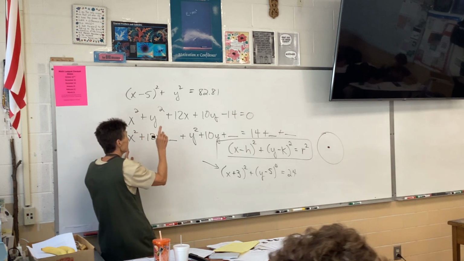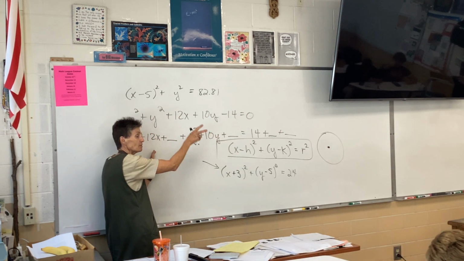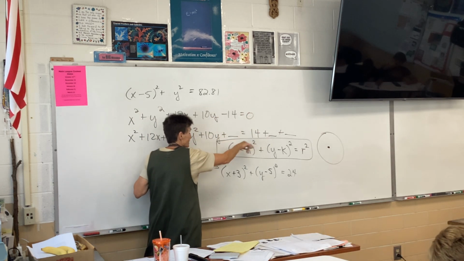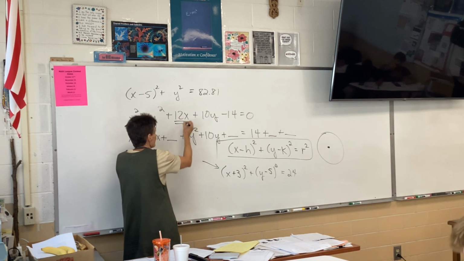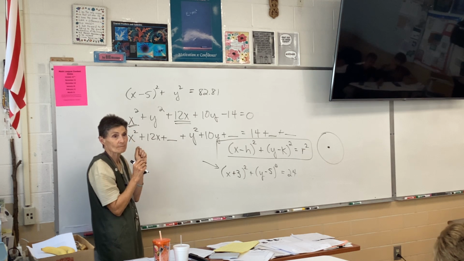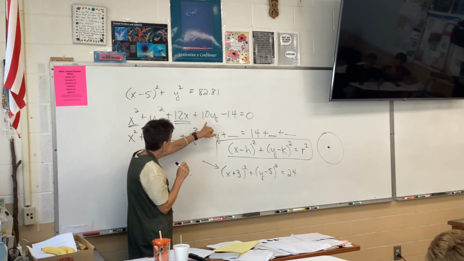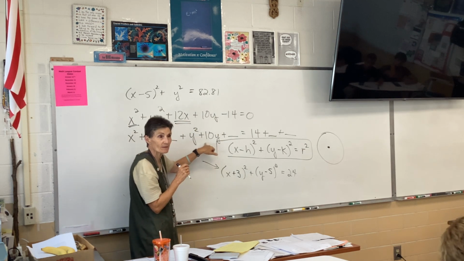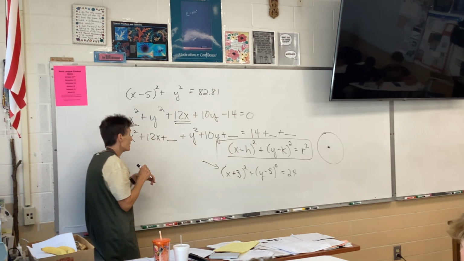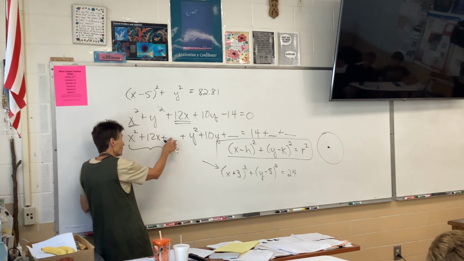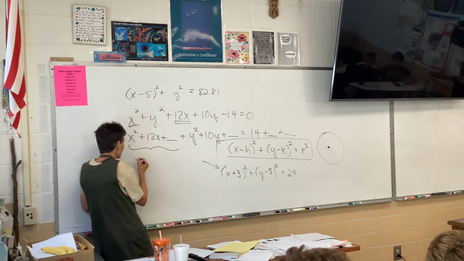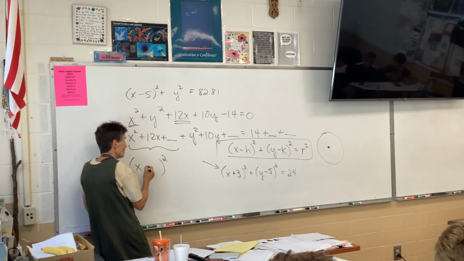So he said, get rid of the 14, that has nothing to do with anything, get it over there by itself. And then put together your x terms and your y terms. See how I've done that? Now, I left a blank here because I have to figure out what to put there so that this will become this.